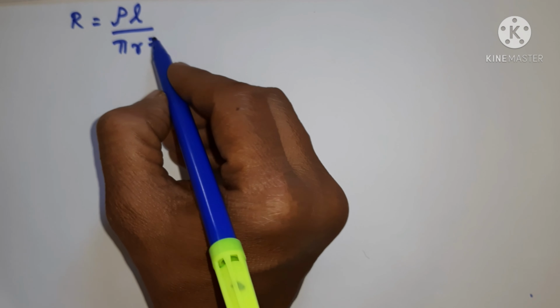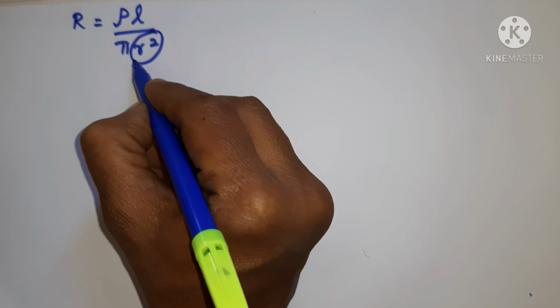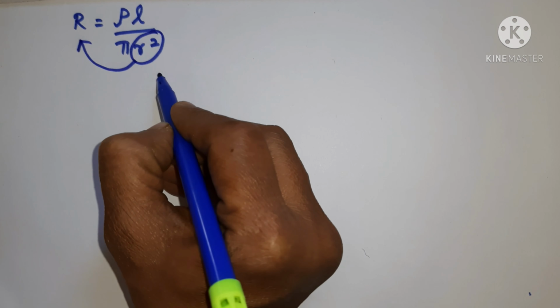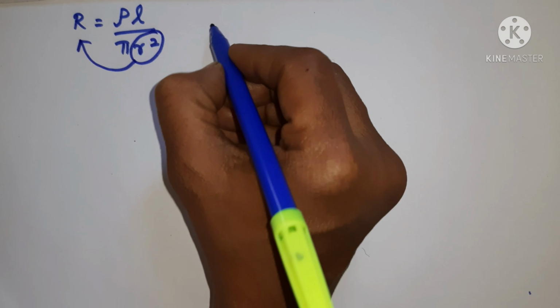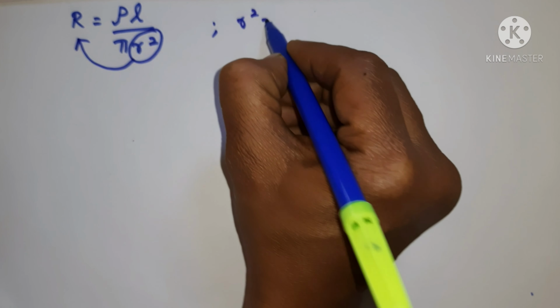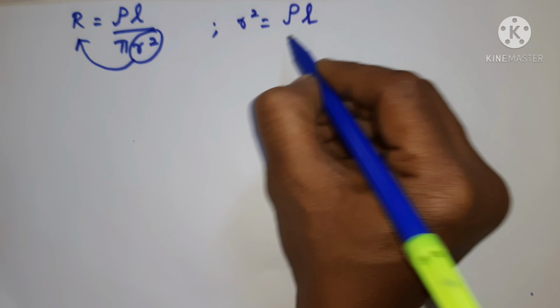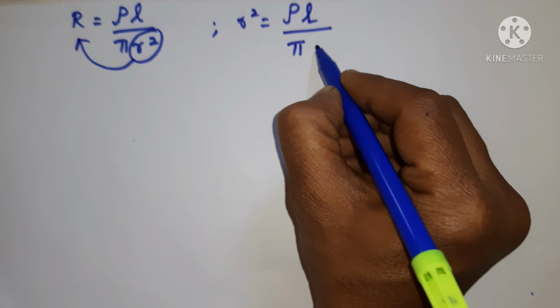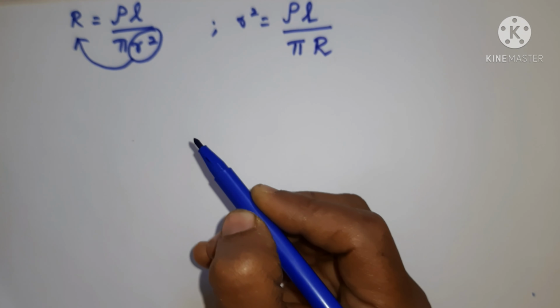We need to find the ratios. So I can take this radius to the side here and bring the resistance to the denominator. Therefore, we have r square is equal to rho L divided by pi into R.